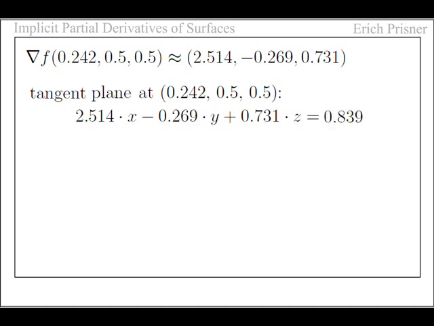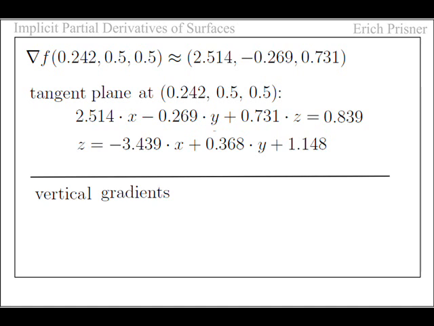We get d equals 0.839. So we have 2.514 times x minus 0.269 times y plus 0.731 times c equals 0.839. And we solve it for c and get c equals negative 3.439 times x plus 0.368 times y plus 1.148, same as above.